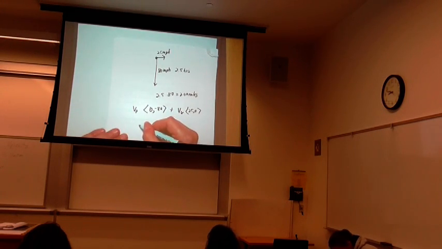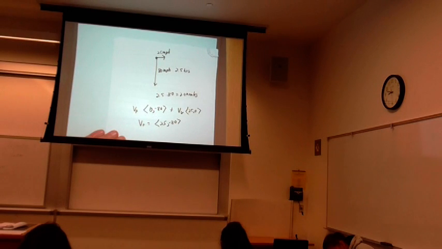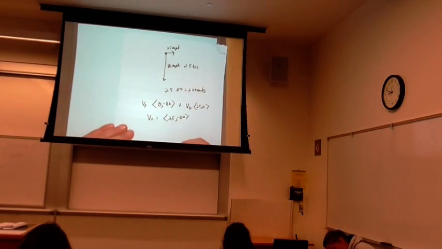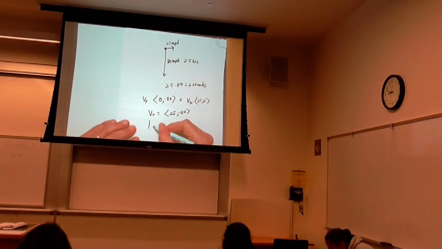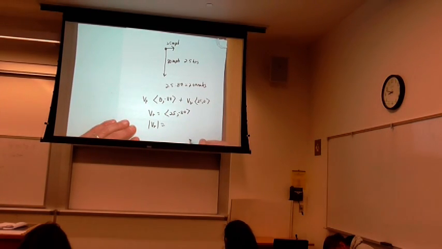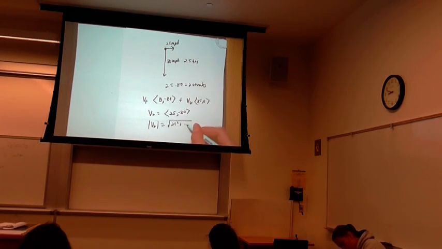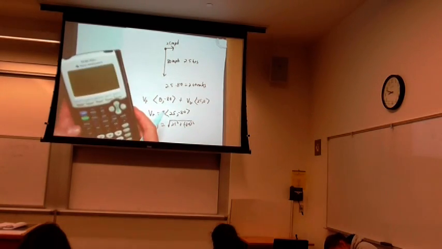So the resultant vector is just 25, minus 80. Now we want to find the magnitude or norm of that vector. That's going to be the square root of 25 squared plus minus 80 squared. So what do we come up with?